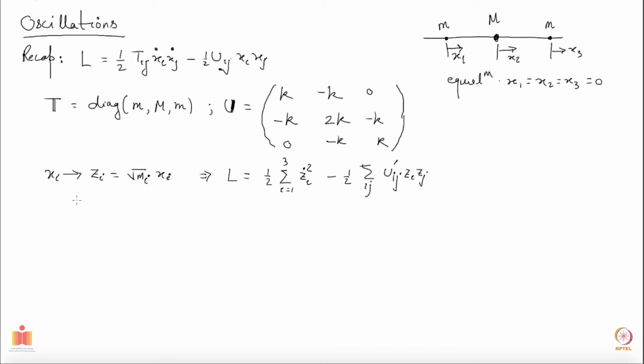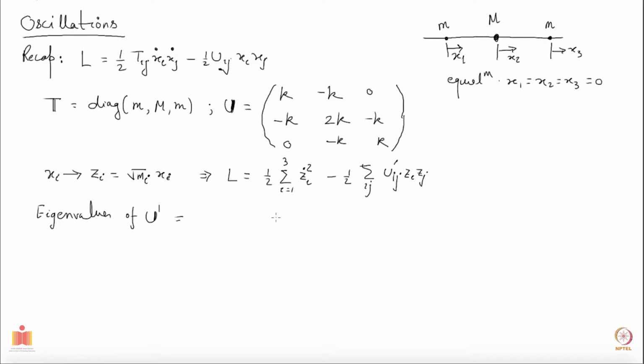And then we had found the eigenvalues of U prime. That's what we did last time. By U prime I mean the matrix U prime, which corresponds to these elements.